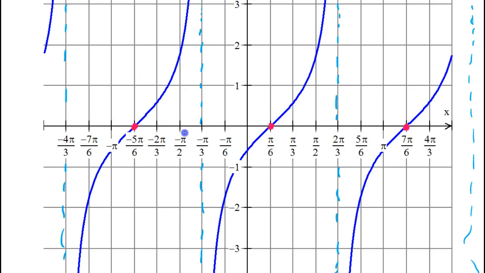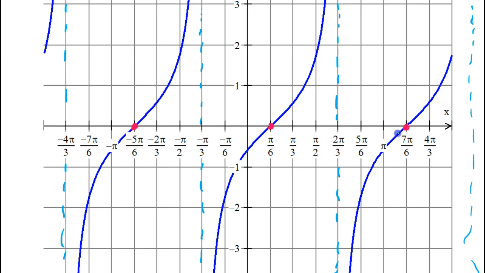Okay, so let's go ahead and figure out what the period is so we can figure out what the b value is. For the period, I could either use the asymptotes and subtract those, or I could use these red dots, the x-intercepts. I could do it either way.